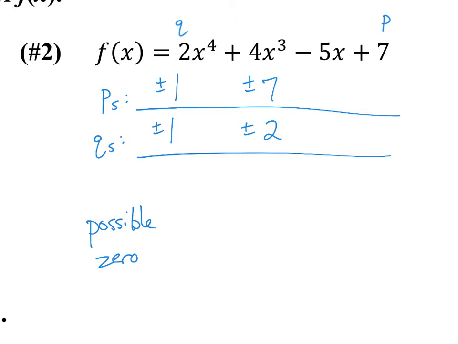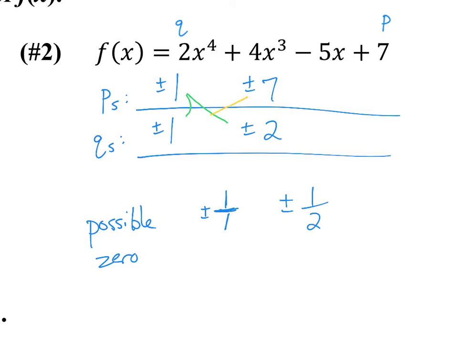So our possible zeros, let's pair them up. The first P is 1. The first Q is 1, so it would be plus or minus 1 over 1. By the way, let me change colors. So we're pairing these two up. And then we pair up the first P with the second Q. So it'd be 1 over 2.